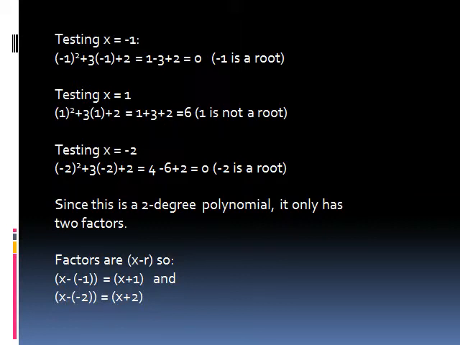So the factors, which are x minus r, are x minus minus 1, which equals x plus 1, and x minus bracket minus 2, which equals x plus 2. To test this, if you multiply x plus 1 times x plus 2, you get x squared plus 3x plus 2.